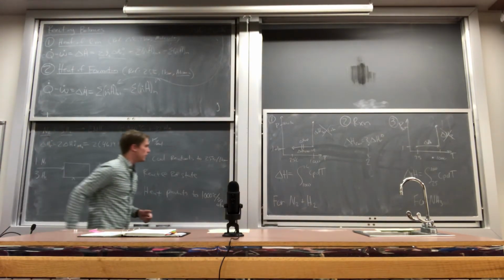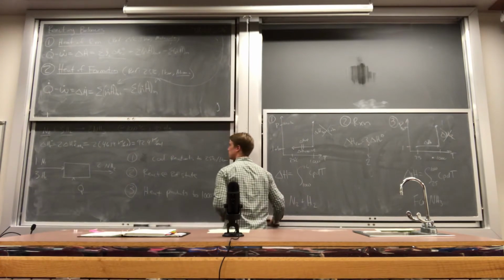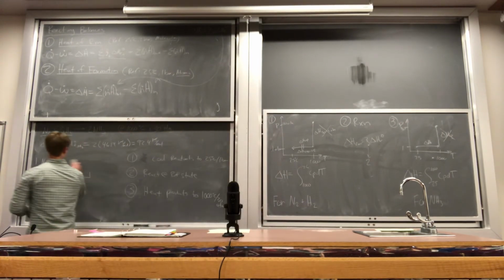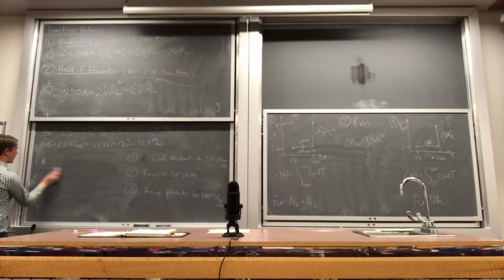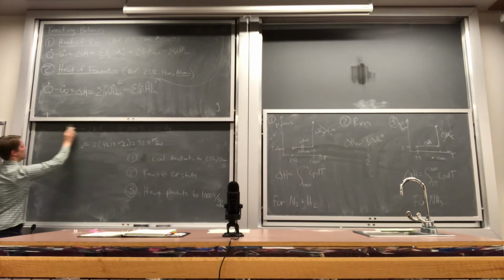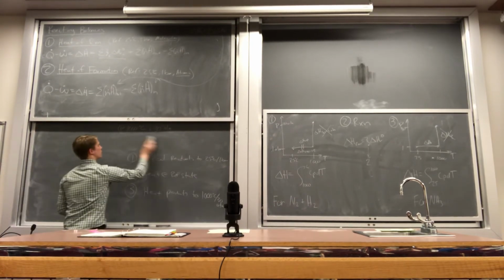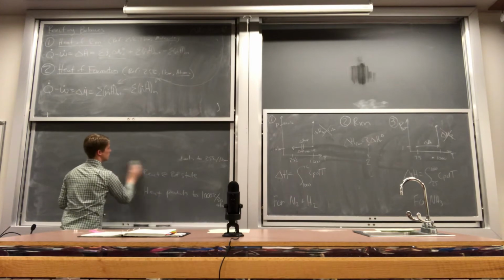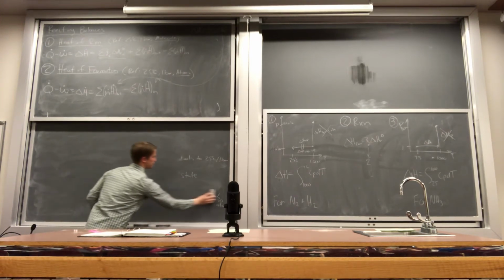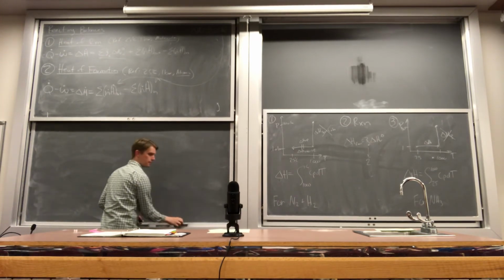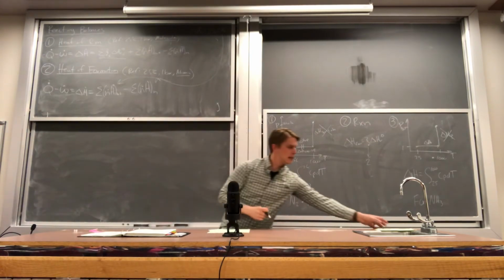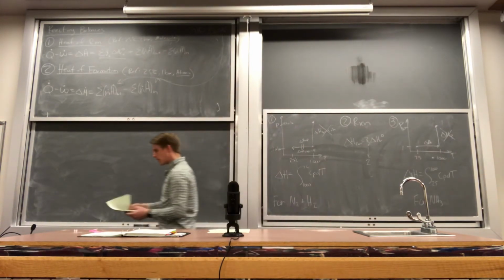Now, next example, heat of formation. So we'll do a different reaction with slightly different conditions to highlight the strengths of the heat of formation approach. Coincidentally, I wrote these notes years ago.